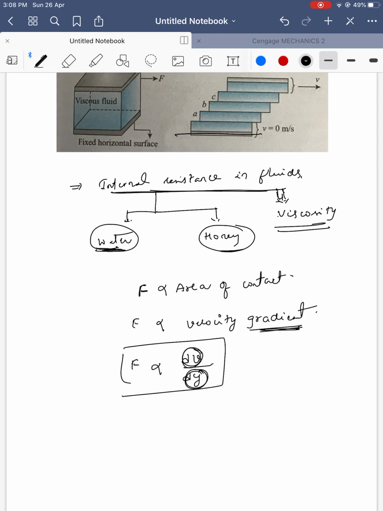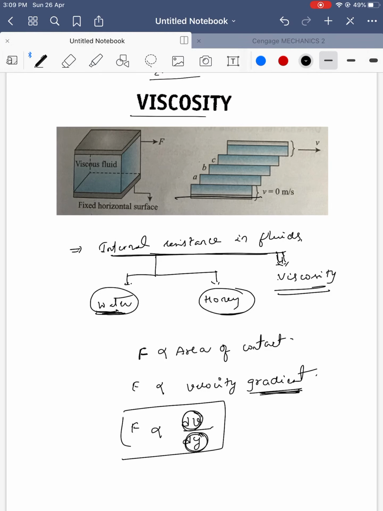Listen carefully, this is a very important point. Here two layers are there, the bottommost layer and the topmost layer. This is a fixed horizontal surface. If it is fixed, what is the velocity of this fixed surface? 0.